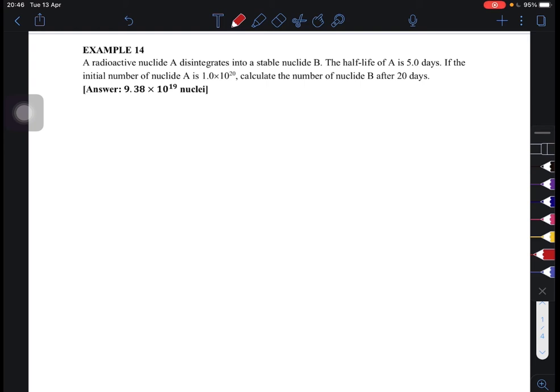So now what we have is nuclide A, di mana half-life for A adalah sama dengan 5 days, and then the initial number. So initial number of nuclide, which means the N naught, adalah sama dengan 1 exponent 20 nuclei.